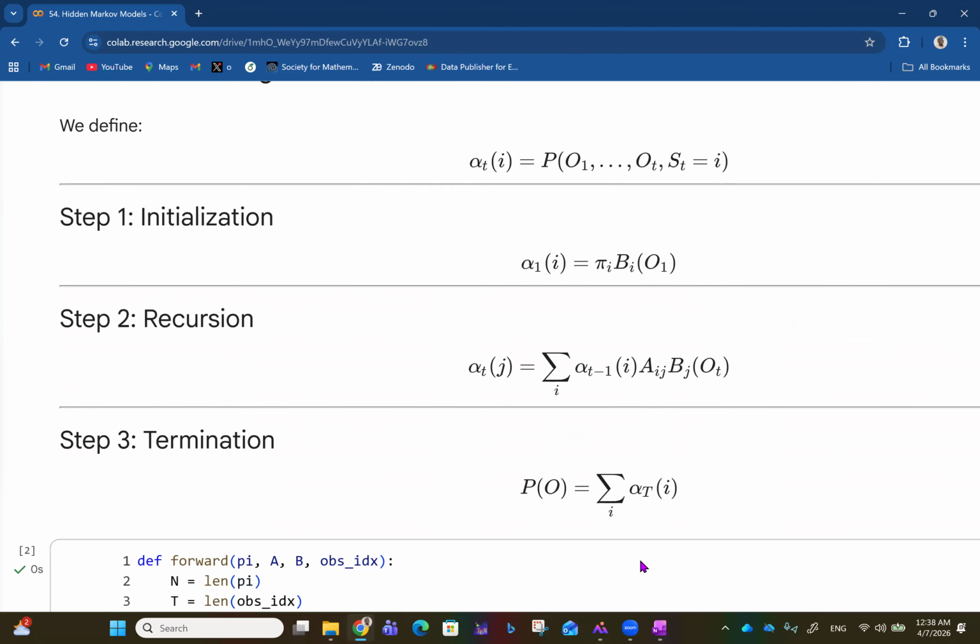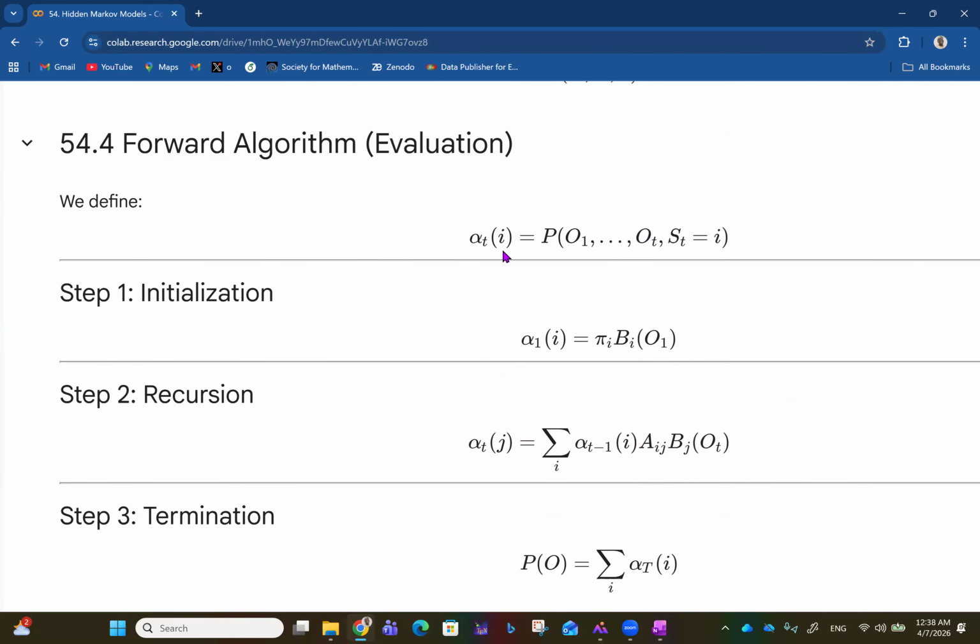Then in 54.4 we have the forward algorithm for evaluation. We can define alpha of t at state i as equal to the probability of observation 1 all the way to observation t, and state t equal to i.